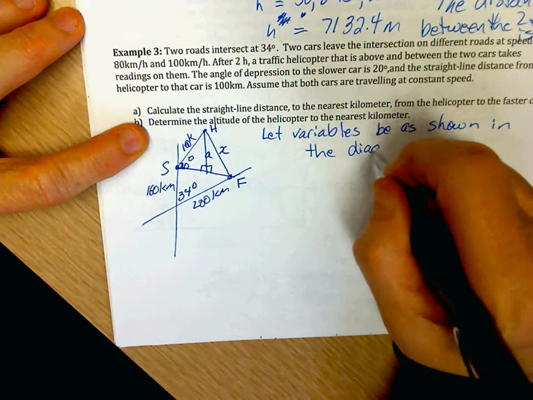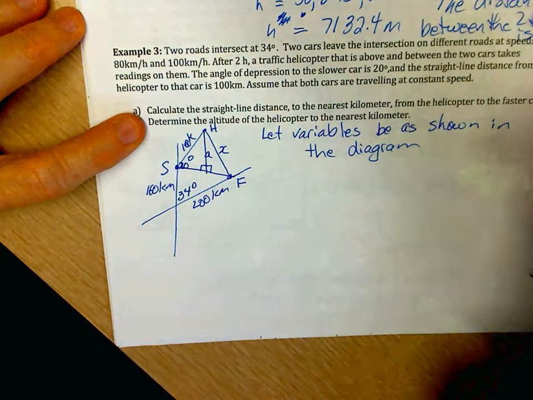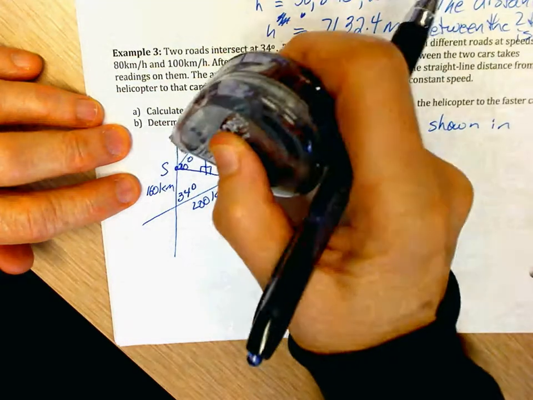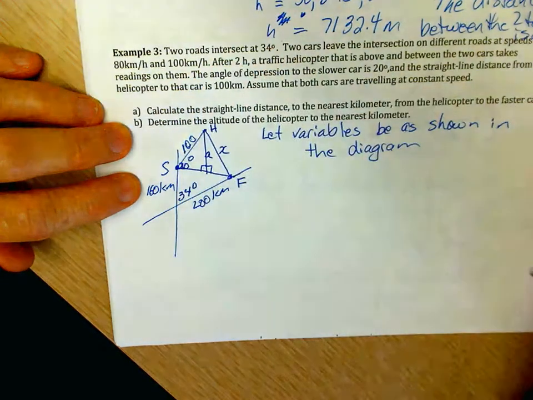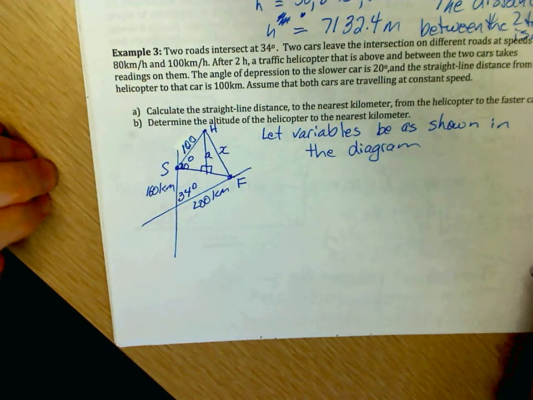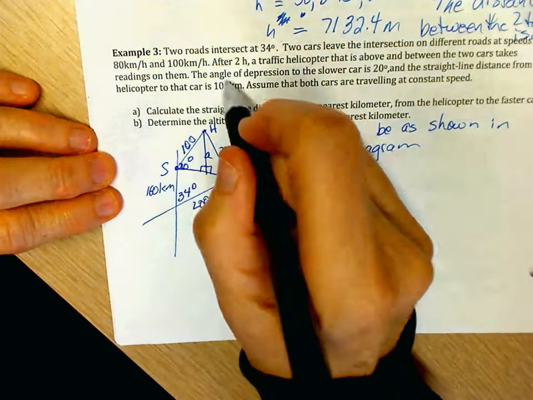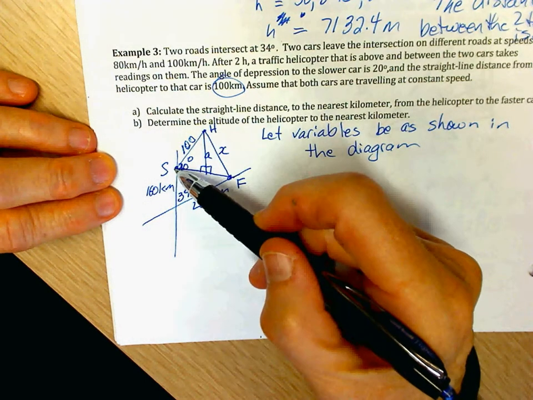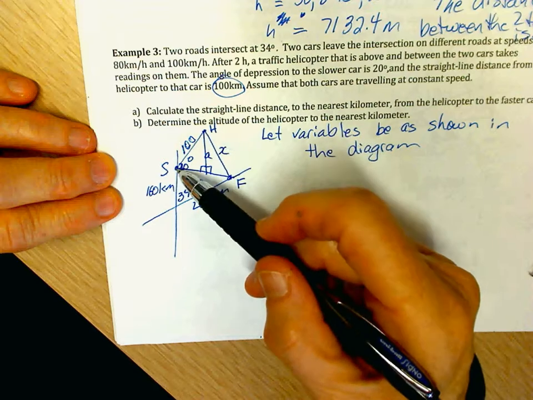So I don't know if this should be 100, right? Can you take it from there? Well, they tell you right there. The distance from the helicopter to the slow car, it says to that car is 100. They tell you right there.